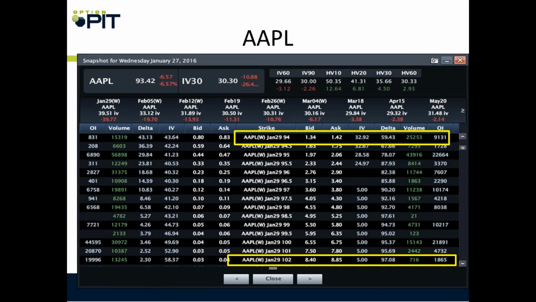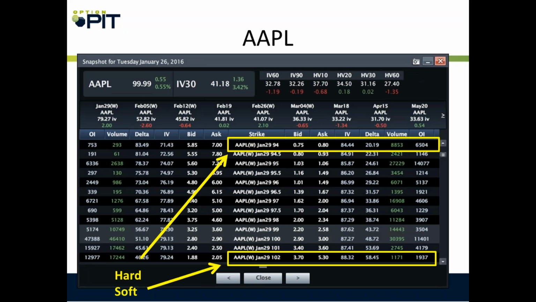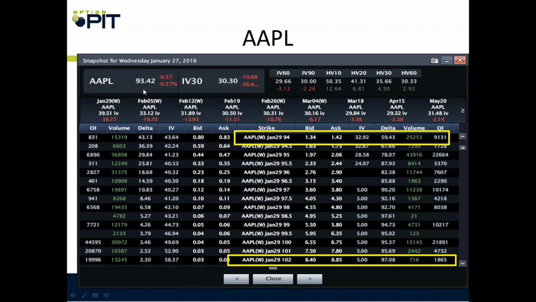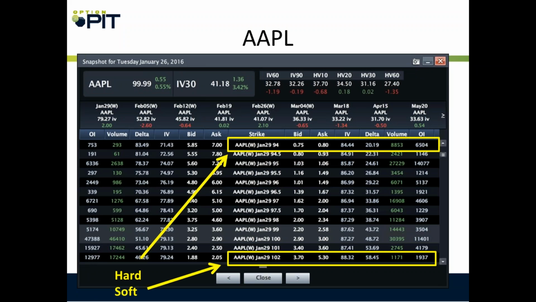So now the next day we get that $6 move. Right? 99.99. Now 93.42. Not so hot. So I made 50 cents. So let's say if I paid $4.50 versus 80 cents, I could have bought, let's say, 5 of the Jan 94s or 1 of the Jan 102s.